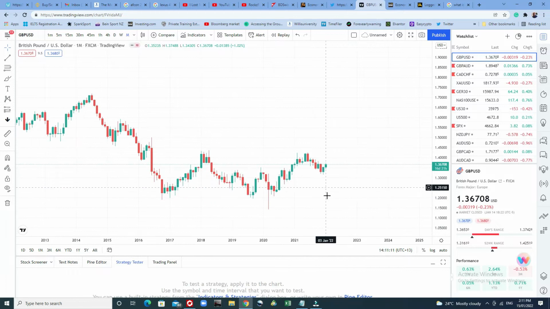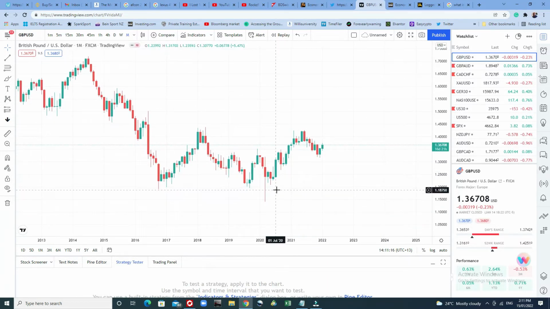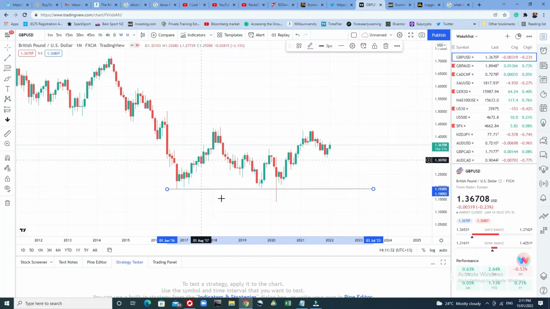All right, we're going to identify the trend of this market. That's the first thing. So what do you think this market is doing? The market is on a range first. And what is a range? When the market moves sideways. Now this market is moving sideways.